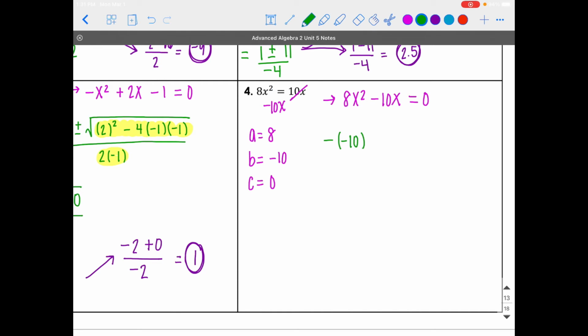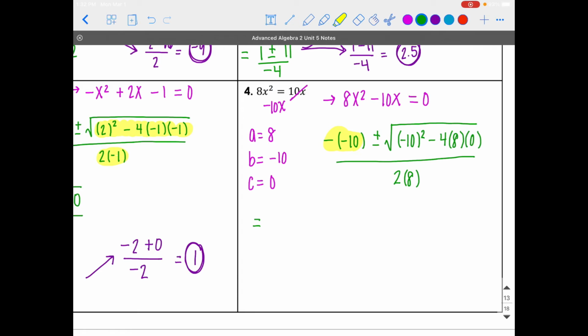So we have negative B, so negative 10, plus or minus the square root of B squared minus 4AC, all over 2A. All right, so negative 10 is positive 10, plus or minus square root.